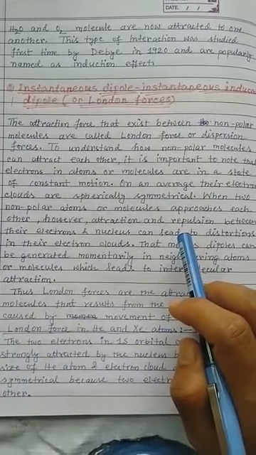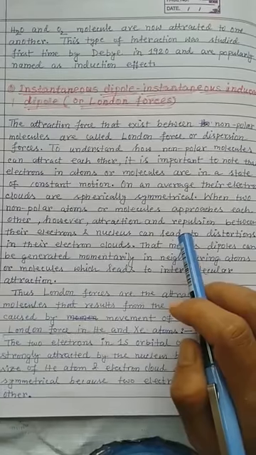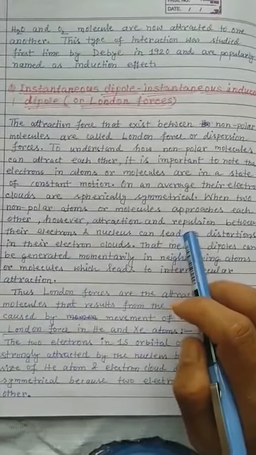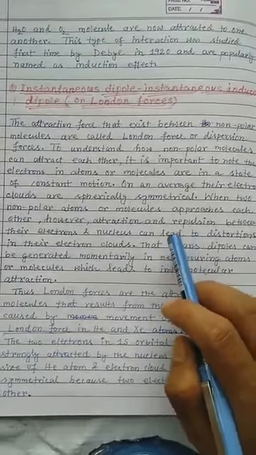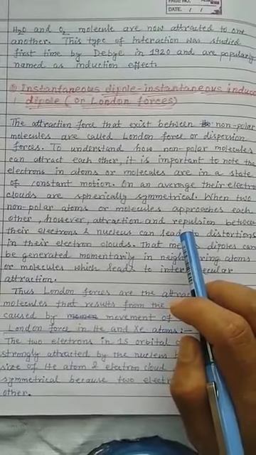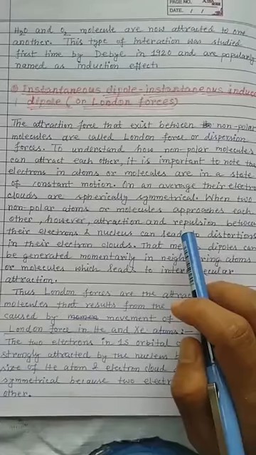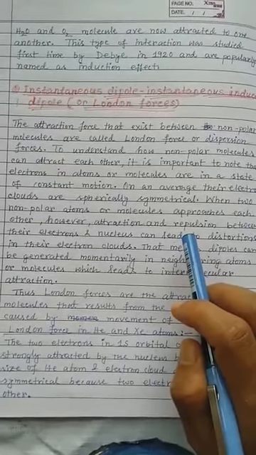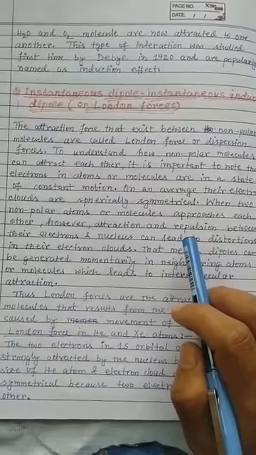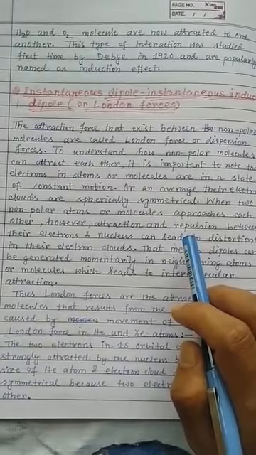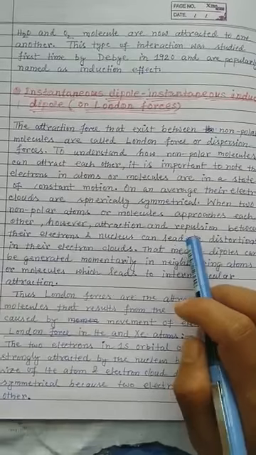At the same time, the electron cloud of the first repels the electron cloud of the second. So both attraction and repulsion forces work when they come close to each other, and because of this, the electron clouds become distorted and some instantaneous dipole can be generated.